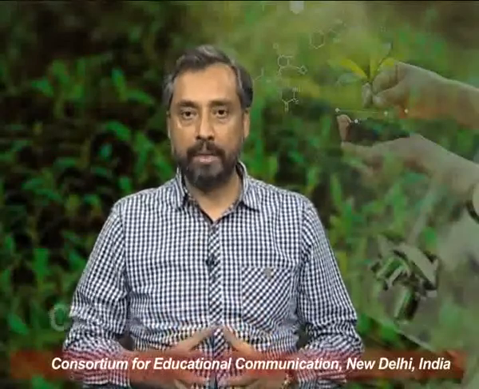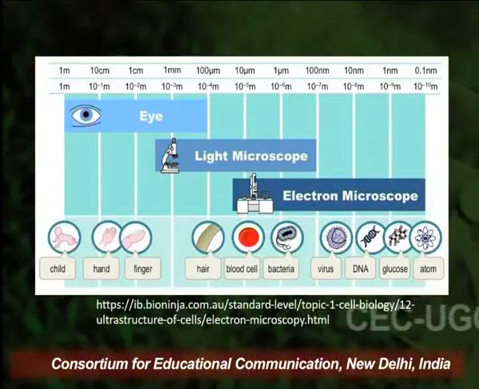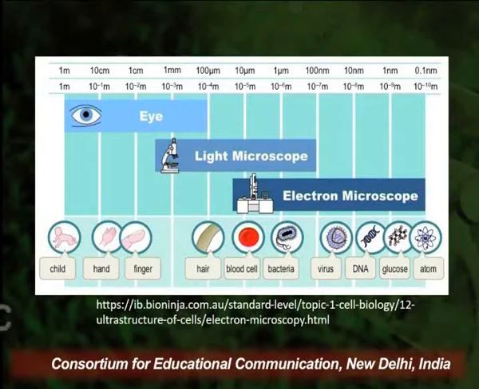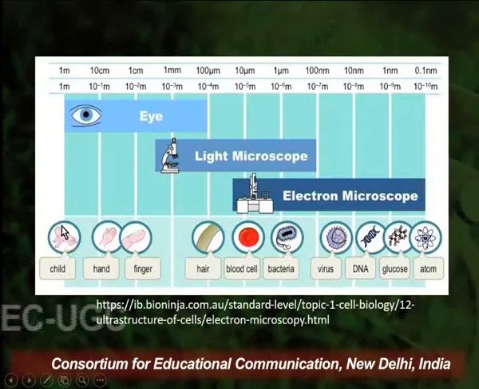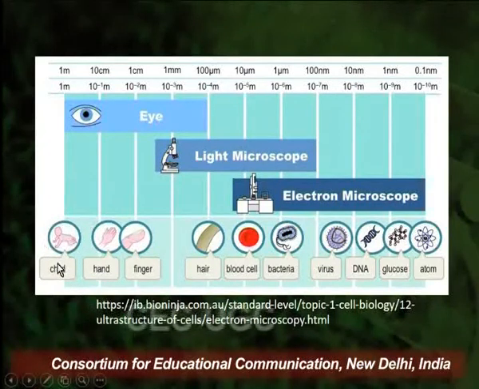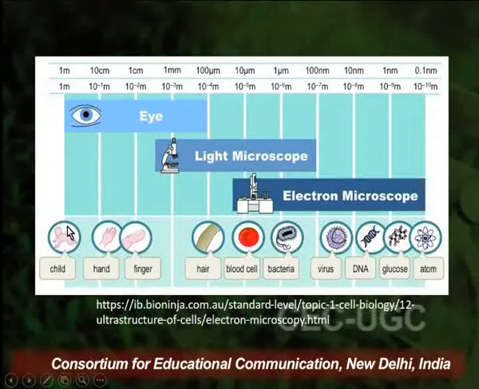So let us try to understand and compare various sizes of different day-to-day objects and see which observation instrument or tool would be sufficient to have a better visibility. So here is a scale on which different objects are placed. For example, on the leftmost side, a child can have a length of approximately 1 meter.